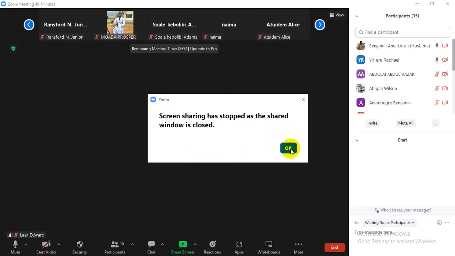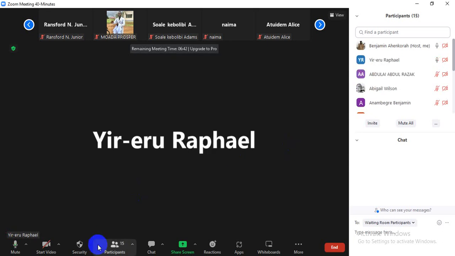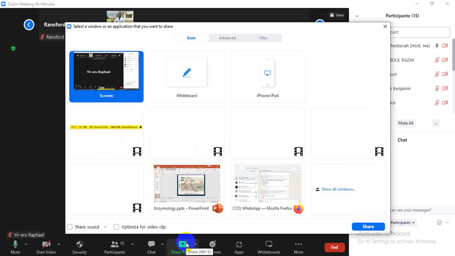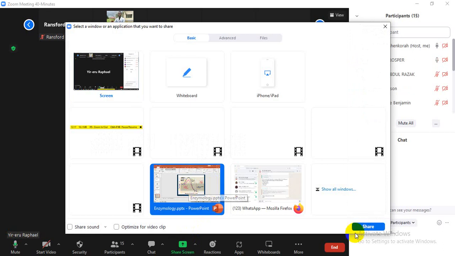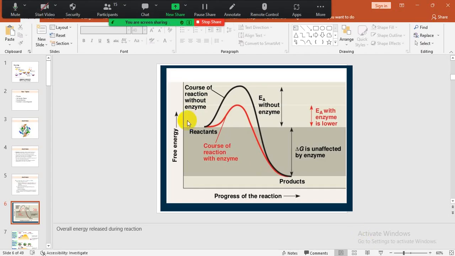We'll use the same code. It has run out, so we'll use the same code. Okay, sir. So when you see that it has gone out, we use the same code. Okay, so you see, so you can see now. Yes, sir. Okay, so let's proceed.